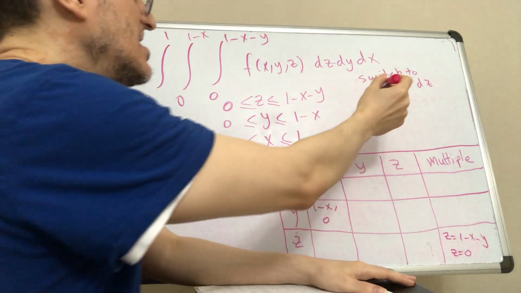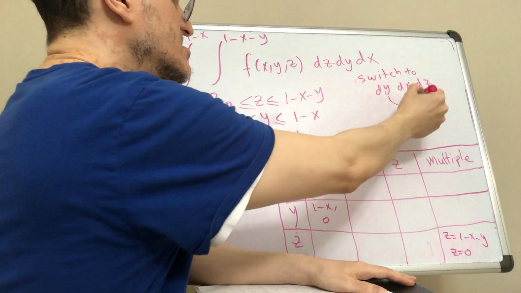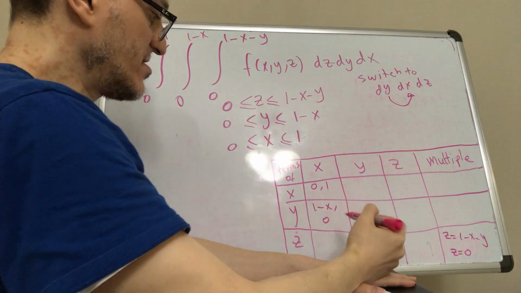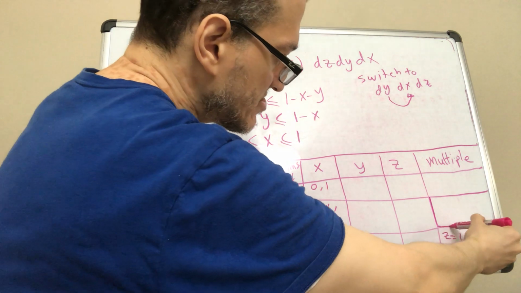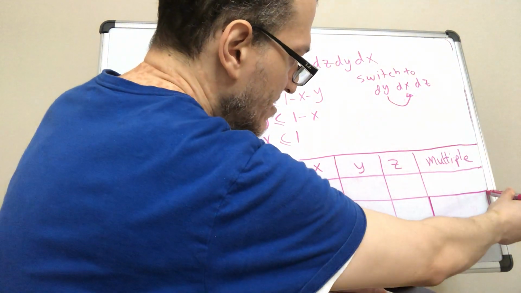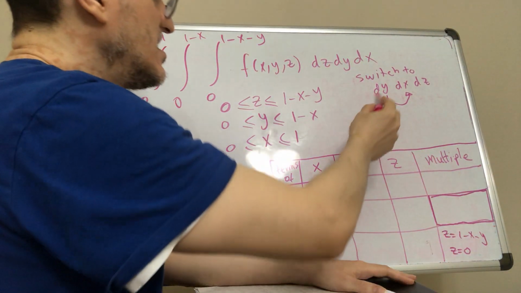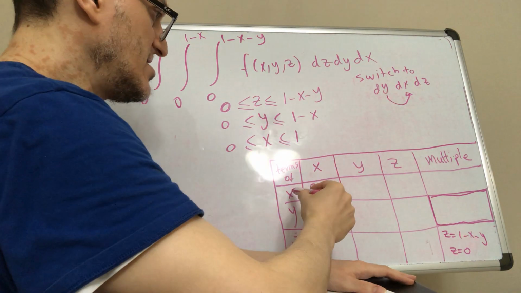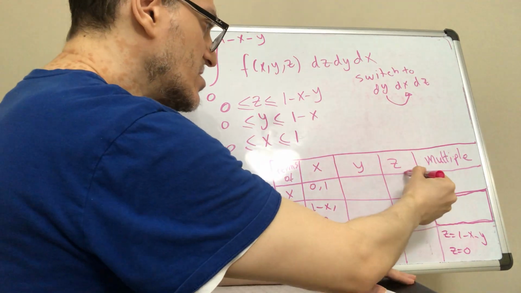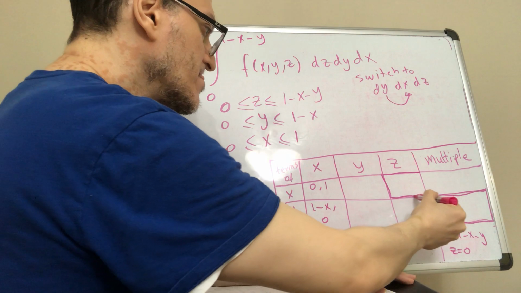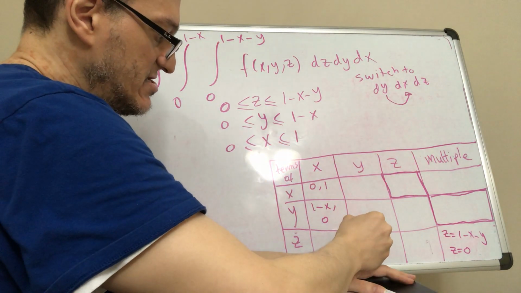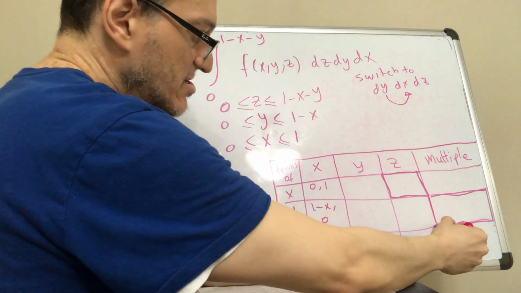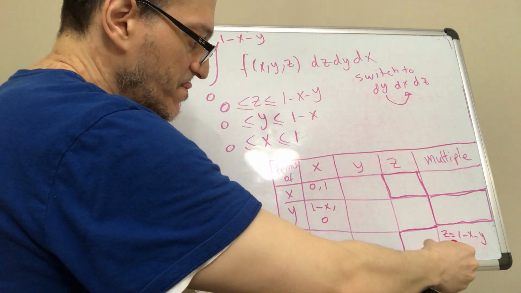I need to have y in terms of multiples, so I need this one here. And I need x in terms of z, I need this one here. And I need z numbers, I need this one here.